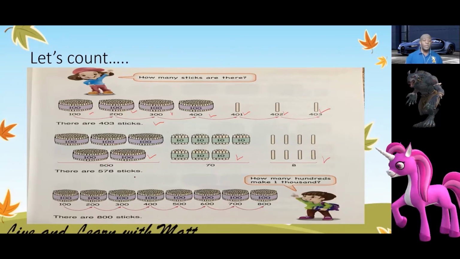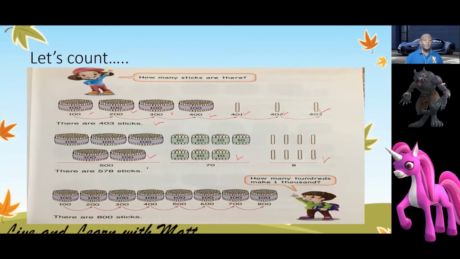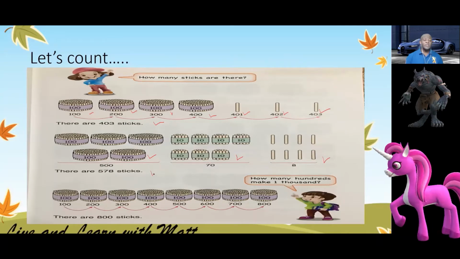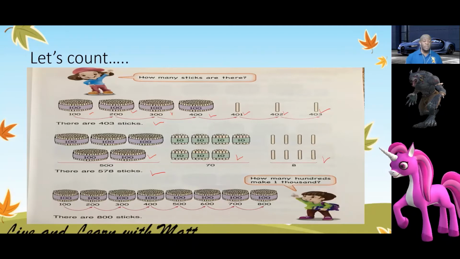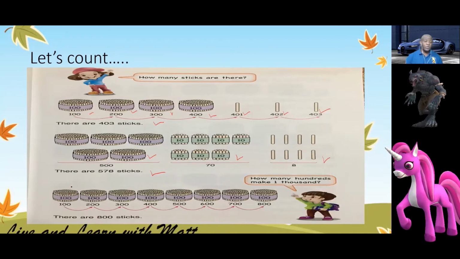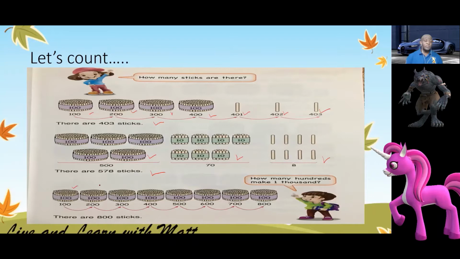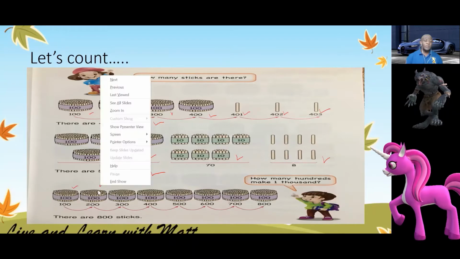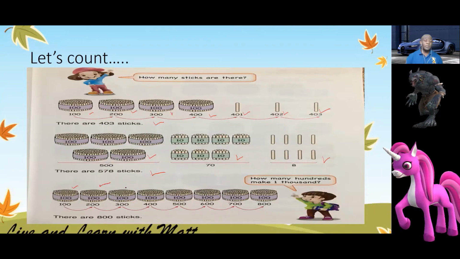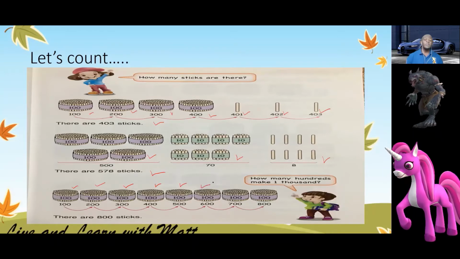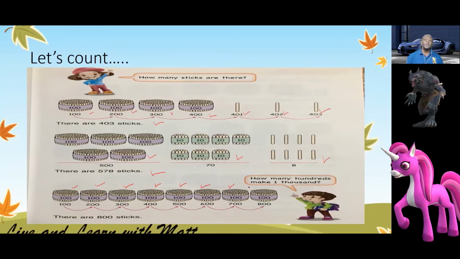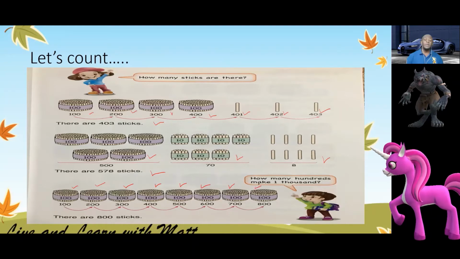So altogether, we have 578 sticks. Let's see. We have 100, 200, 300, 400, 500, 600, 700, 800.